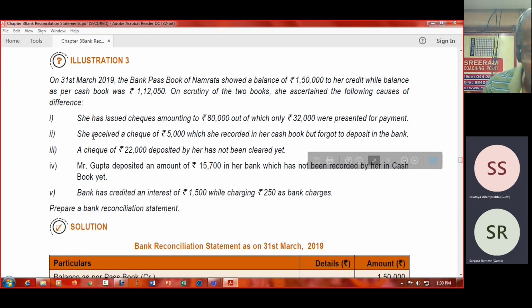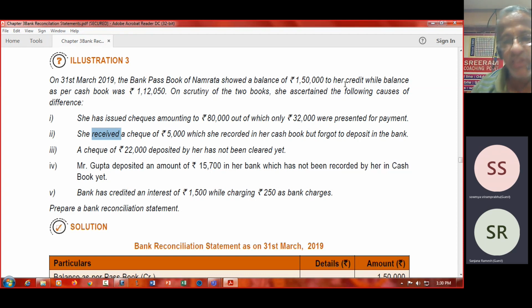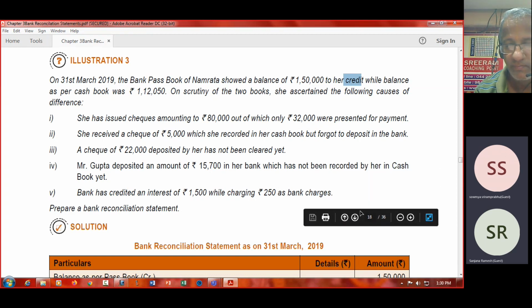Debit side. Right, debit side. How do you call it? Unrepresented debit. Okay, when your starting balance is credit, what should you do? Unrepresented debit should be added.